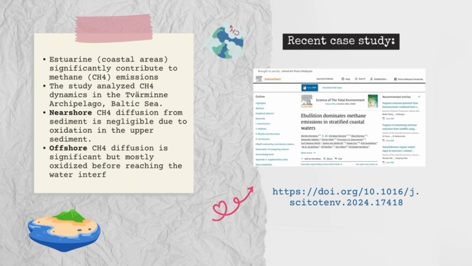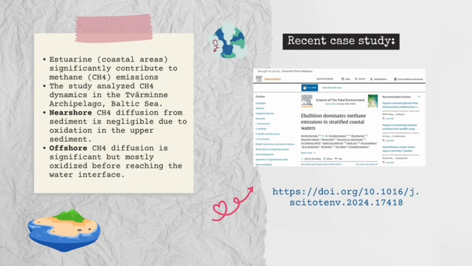The research aims to understand the origins and processes regulating methane formation and oxidation in these coastal waters, which is crucial for assessing climate change feedbacks. Comparisons are made between methane diffusion and oxidation at nearshore and offshore stations, examining sediment biogeochemistry, microbiology, and isotopic signatures to determine the predominant sources and mechanisms of methane emissions in this region.